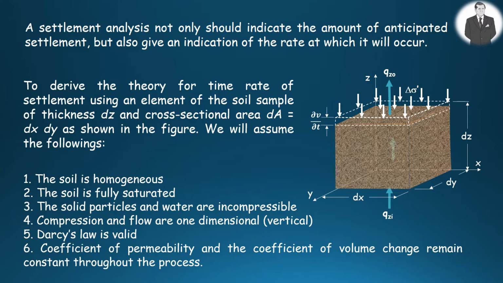The soil is fully saturated. The solid particles and water are incompressible. Compression and flow are one-dimensional in a vertical direction. Darcy's law is valid. Coefficient of permeability and the coefficient of volume change stay constant throughout the process.